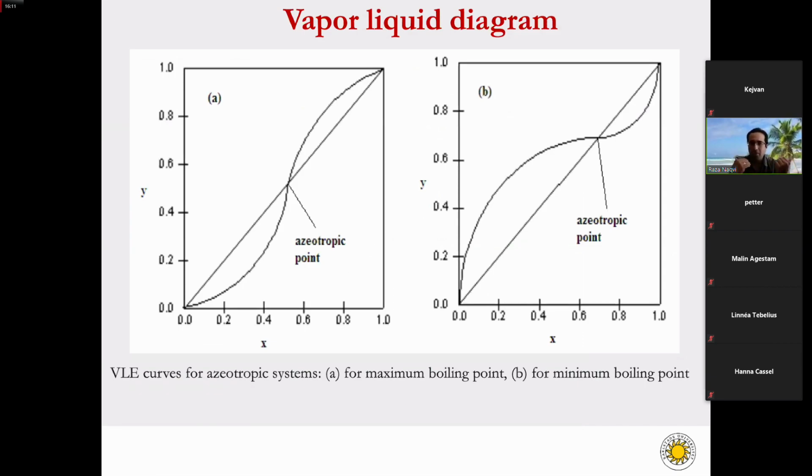There is no driving force available for the mass transfer, right? And normally these points are called azeotropic points. And those kinds of solutions, we call them azeotropic solutions, right? There are some methods for how we can do the distillation for azeotropic solutions or azeotropic mixtures. But in this course, we are not going into the details about the azeotropic point or azeotropic distillation.